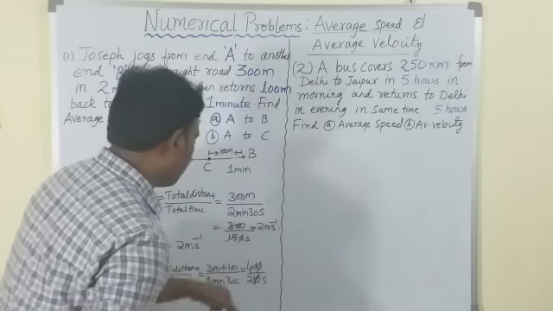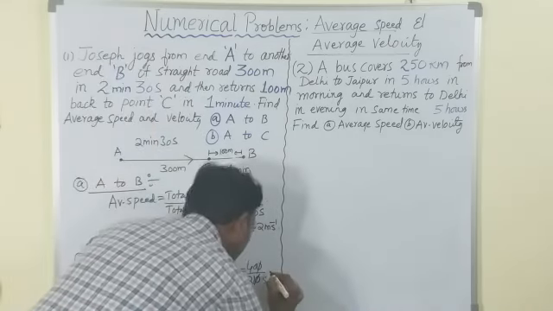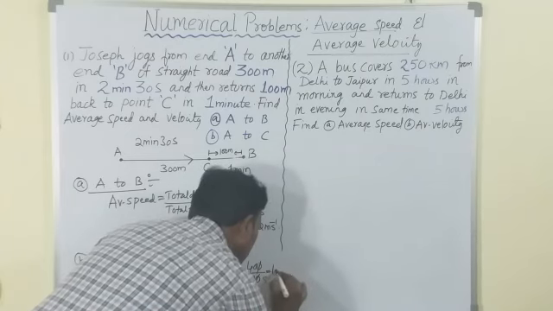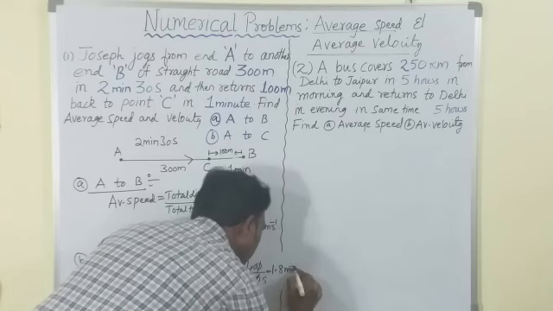So 40 by 21, you are getting around 1.8 meter per second.